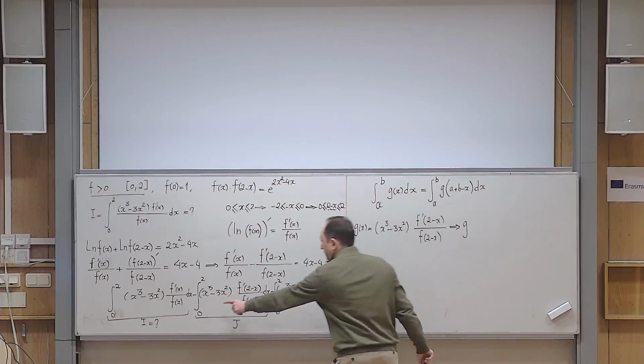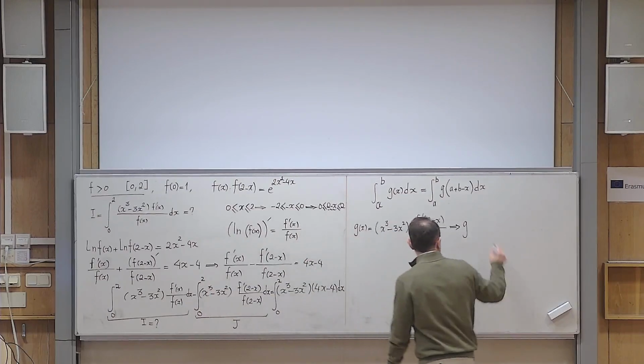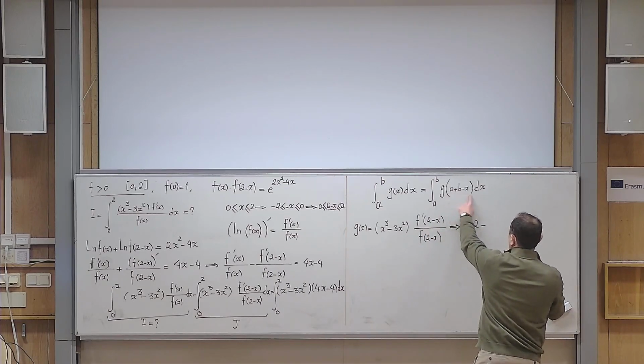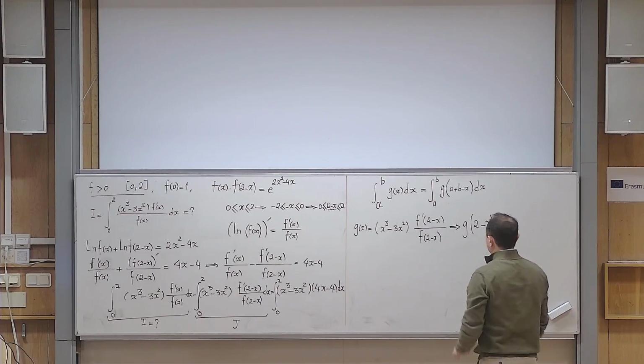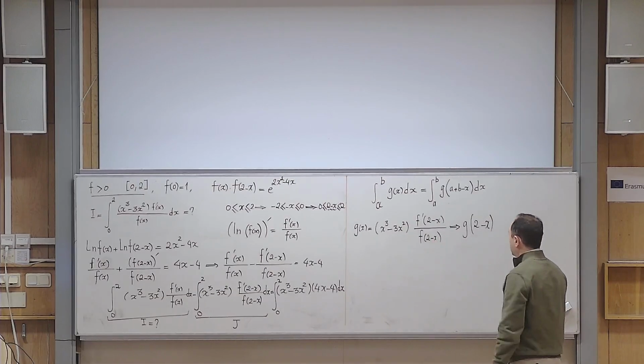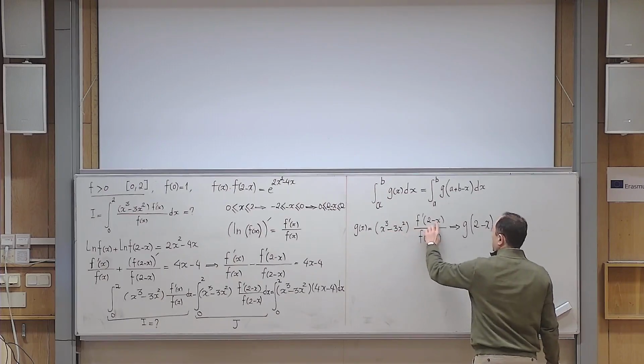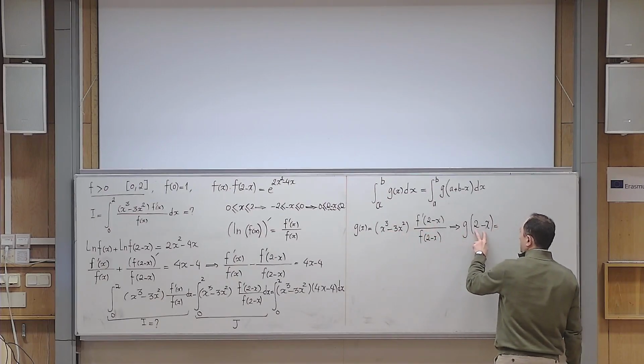A in this problem is 0, b is 2, so a plus b becomes just 2 minus x. I'm calculating this part to see if there is any kind of relation I can find. So what does it mean? It means that go to your function g, replace every x in your function with this combination 2 minus x.